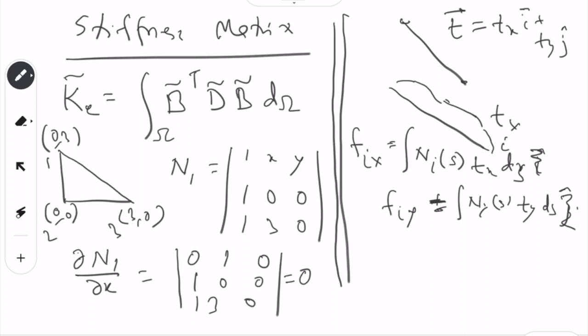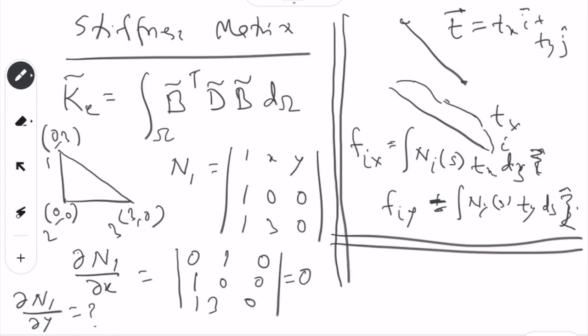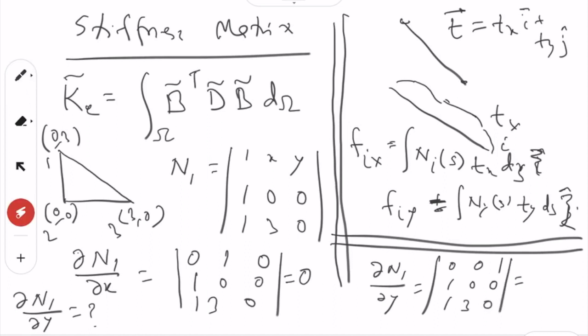Now, del n1 over del y will be equal to 0 0 1, 1 0 0, 1 3 0, and that makes it equal to 3.